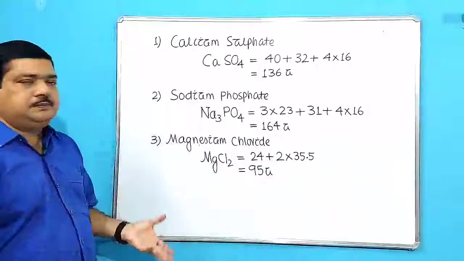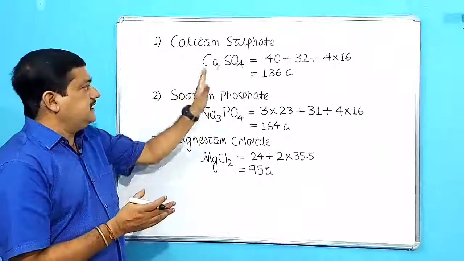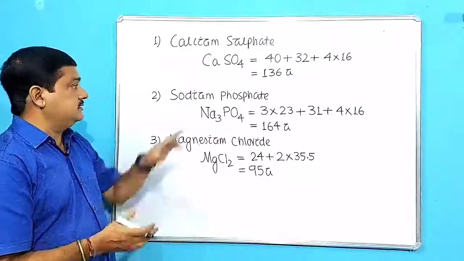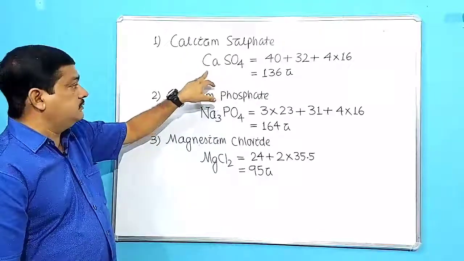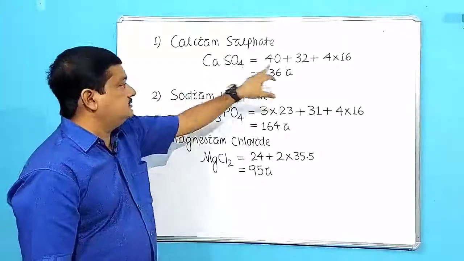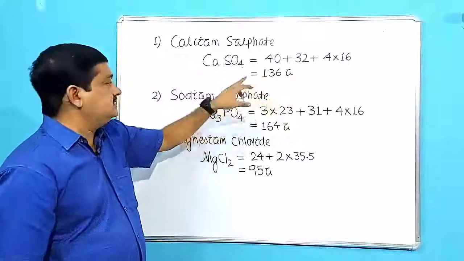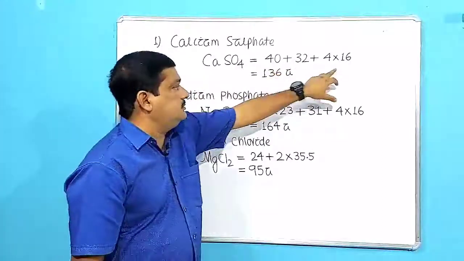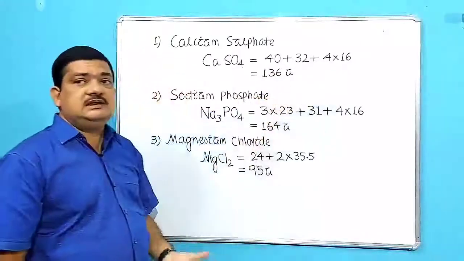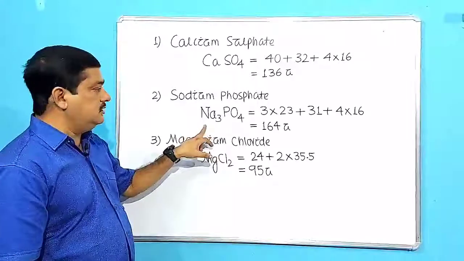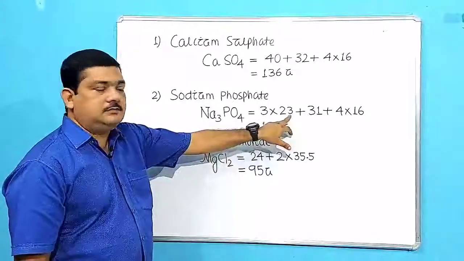Okay. So simple, you have to simply add the atomic mass of the considered atoms. Look, calcium sulfate has 1 calcium atom, so 40. 1 sulfur atom, so 32. These are the atomic masses. Then 4 atoms of oxygen, so 4 into atomic mass of oxygen. That is the molecular mass. Here also sodium phosphate, 3 atoms of sodium, so 3 into atomic mass of sodium.